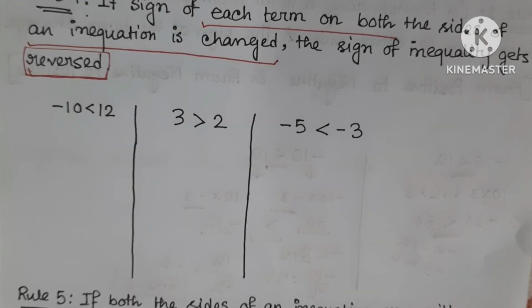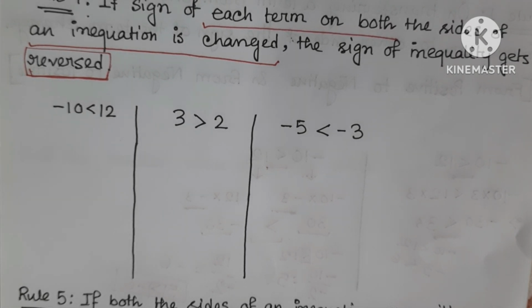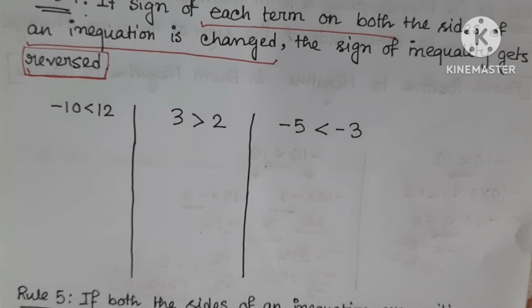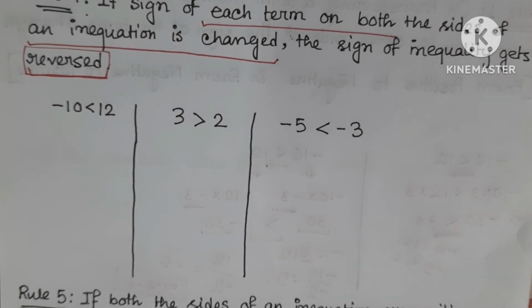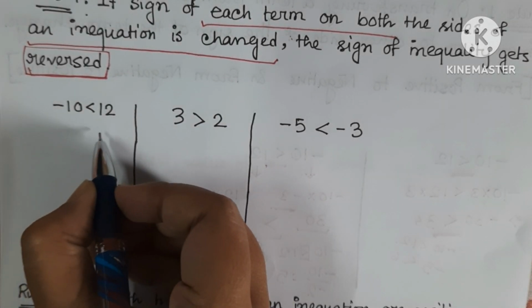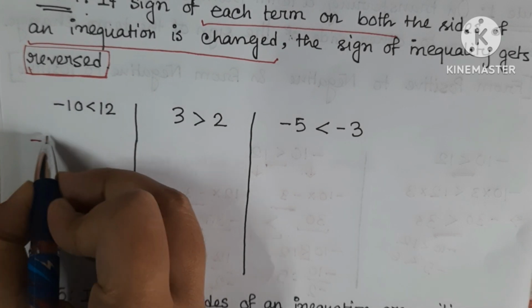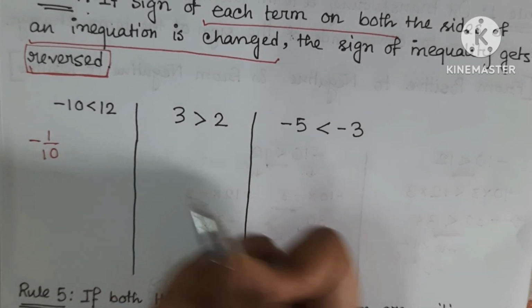Okay, here we will talk about 3 inequations. First one, minus 10 less than 12. Now I am going to take the reciprocal of both sides.